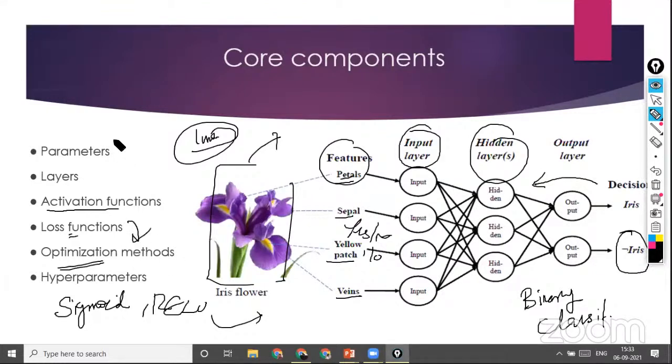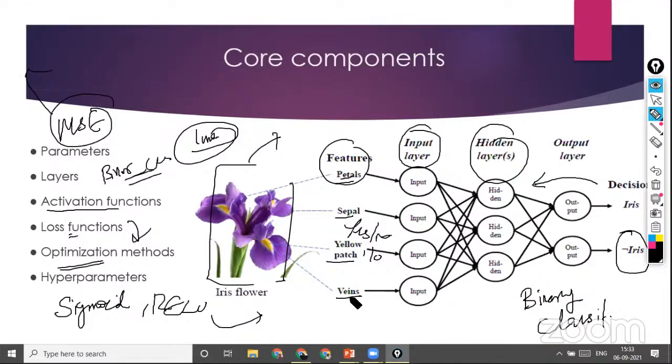There are a lot of loss functions available. For example, mean square error is a loss function for a regression problem, or binary cross entropy. We'll be doing a hands-on experiment today which uses binary cross entropy for a classification problem. The aim of the optimization function is to reduce the loss.